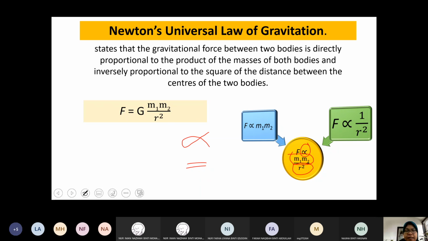Kita tambah. What is this? What is that, G? Ada tak G tu dalam ni? Gravitational force. G tu bukan gravitational force. Gravitational force is this one. This one is Gravity constant.